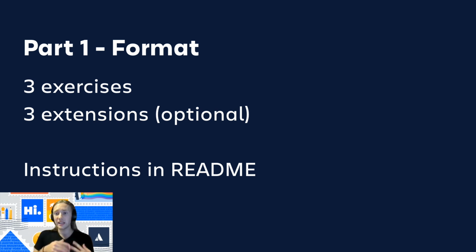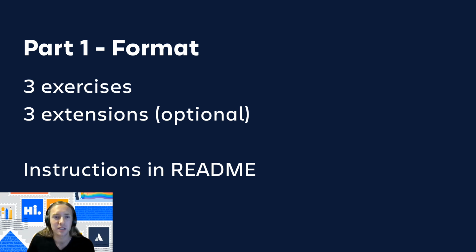And at the end, if you rush through the 3 exercises, let's say you've worked with Forge before, there's going to be 3 extensions to really explore different aspects of the UI and this admin page. Those are going to be optional. We're just going to need to complete 3 exercises as part of the workshop.